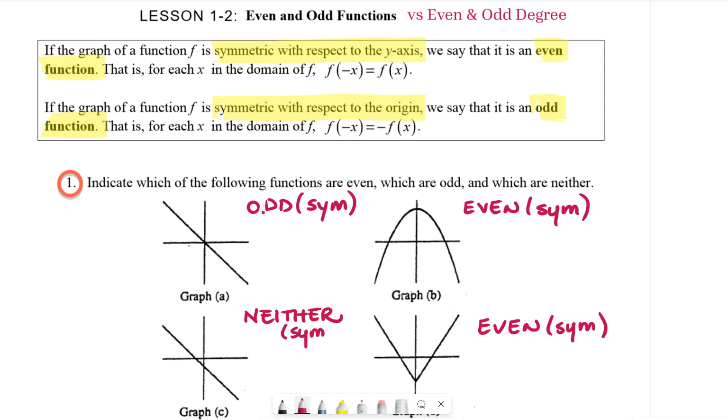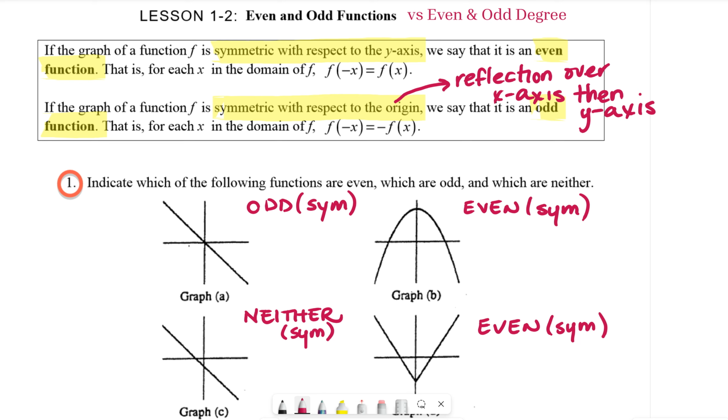Now, what does symmetry about the origin look like? So here's what I want us to realize. Symmetry about the origin is basically going to have a reflection over the x-axis and then the y-axis. Okay, now it doesn't have to be in this order. You can reflect over the y, then the x-axis, but I want you to imagine this, okay?